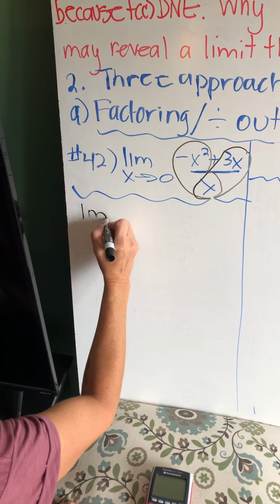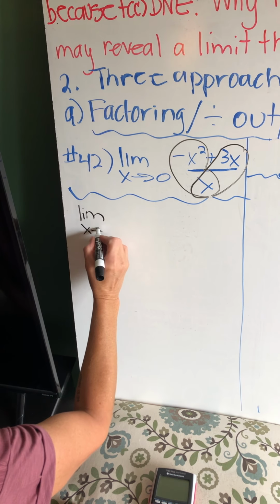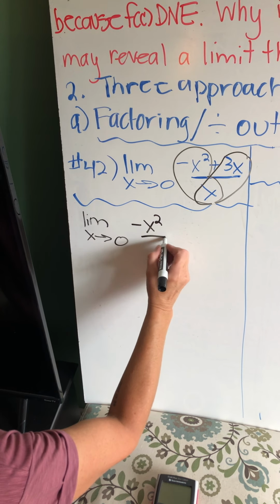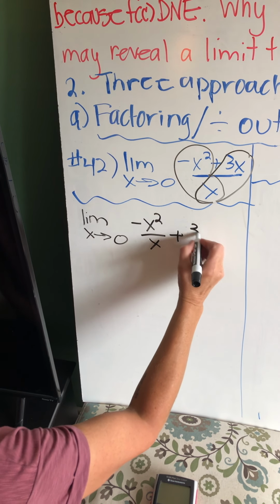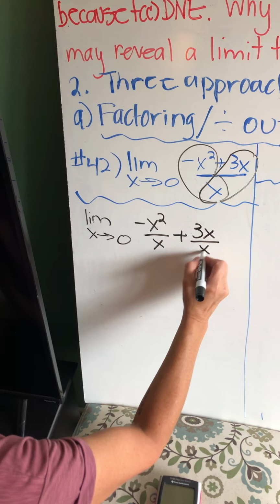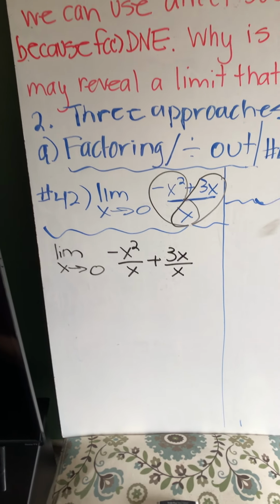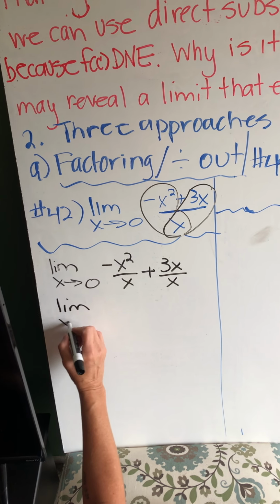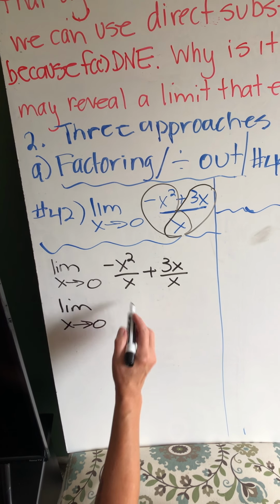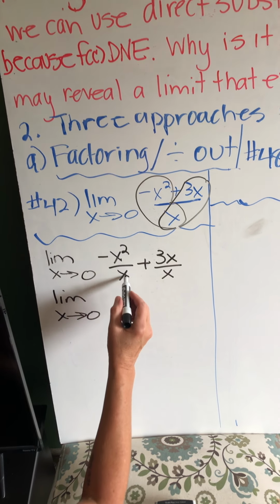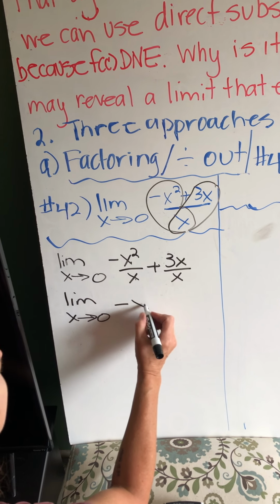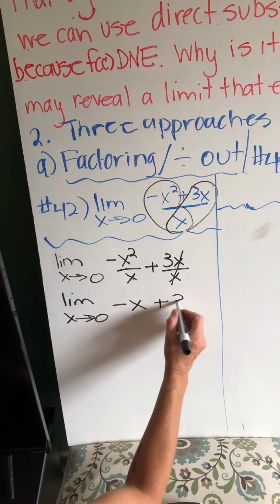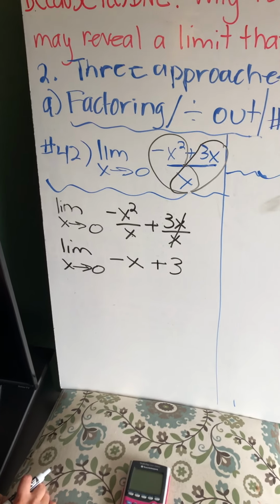So the limit as x approaches 0 of negative x squared over x plus 3x over x is the same expression. And now I'm going to reduce each fraction. The limit as x approaches 0. Notice 1x cancels from the numerator and denominator. I am left with a negative x, and these x's cancel, and I am left with plus 3.